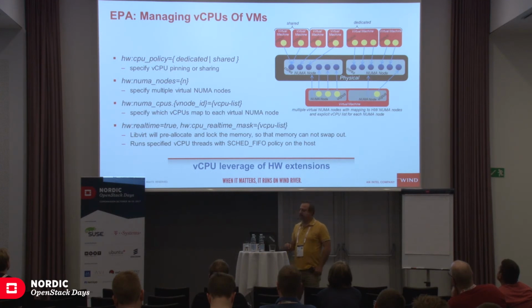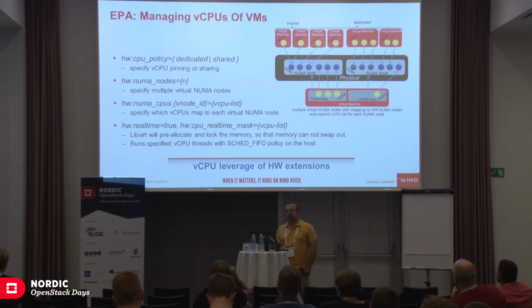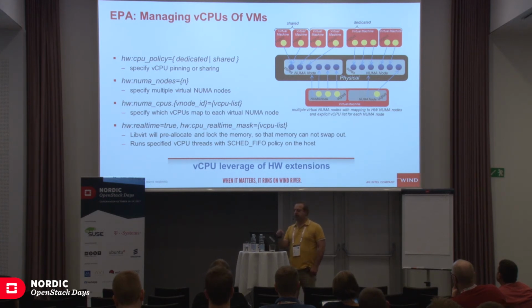And the next is that you can also set these cores as real-time cores. That means that libvirt is going to pre-allocate and lock the memory for your CPUs and make sure that memory is not swapped out for your CPU in the host.